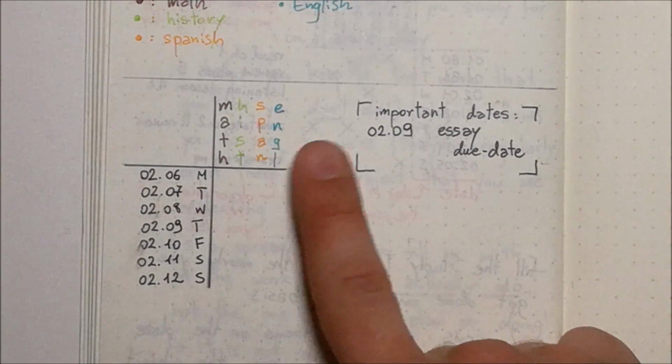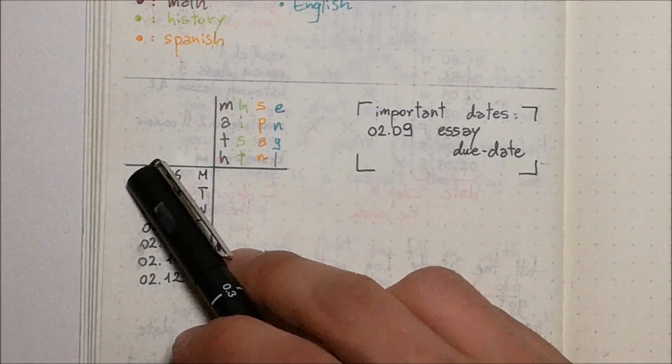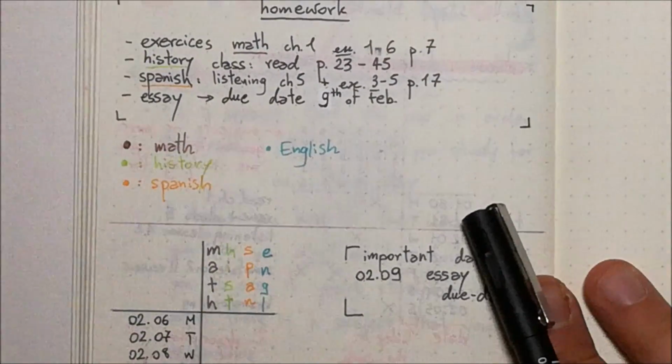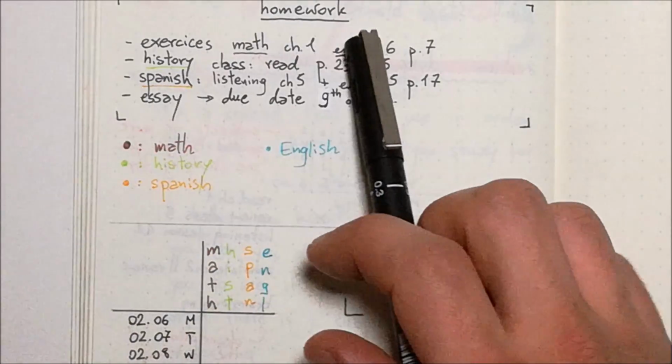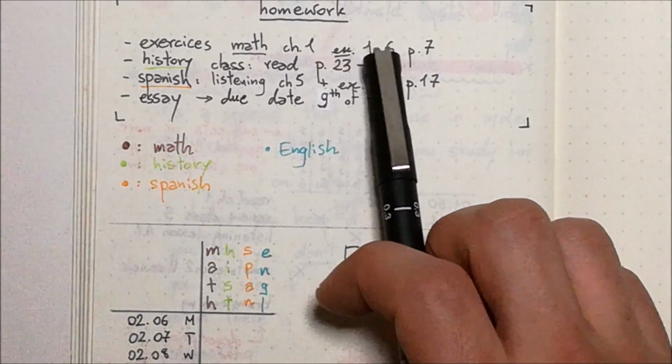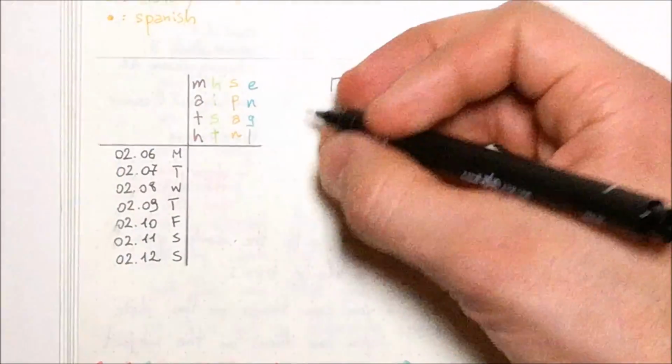So now let's say that today is the 6th of February, and you want to study some math. Let's say you do exercise 1 all the way to 3 for your math class.